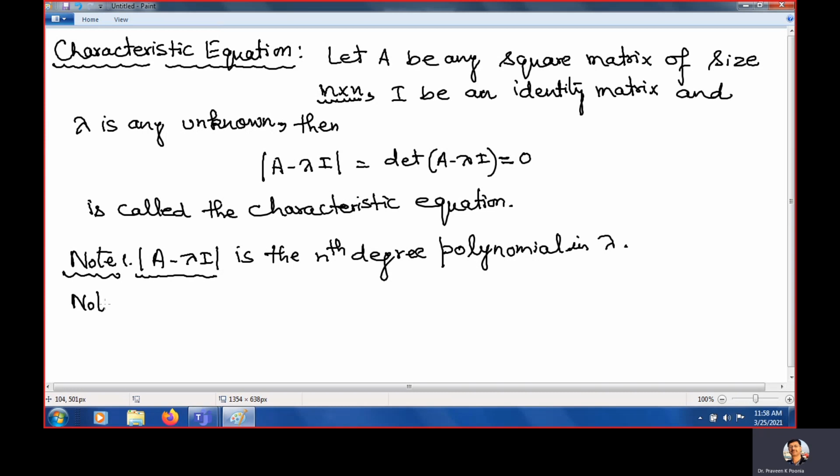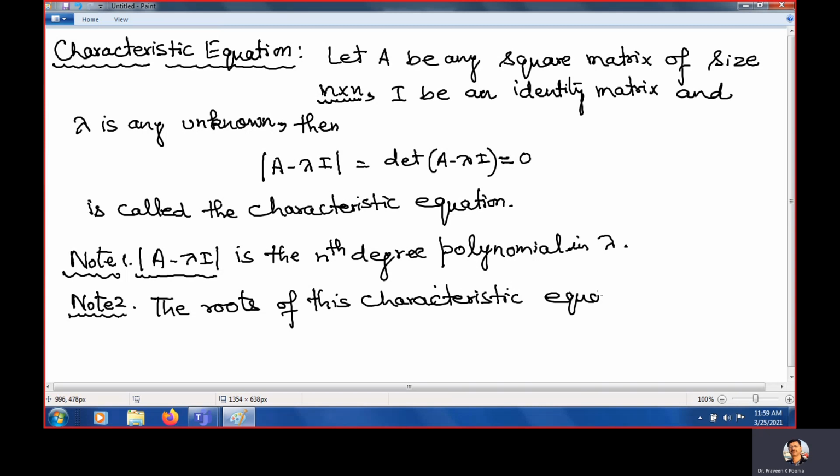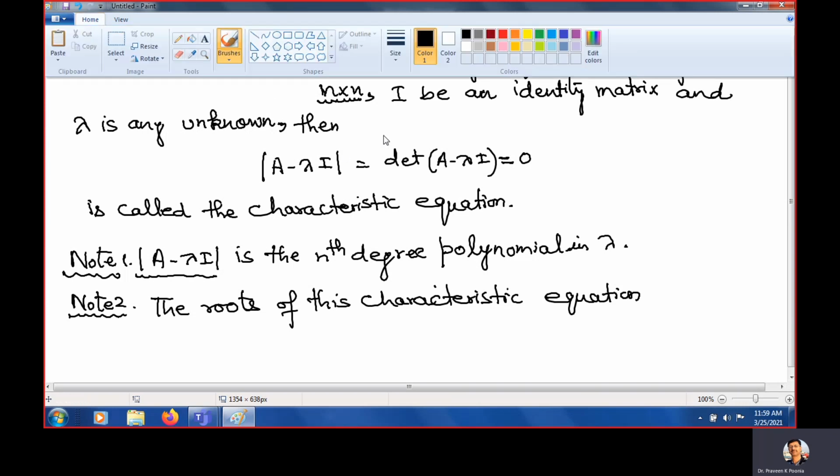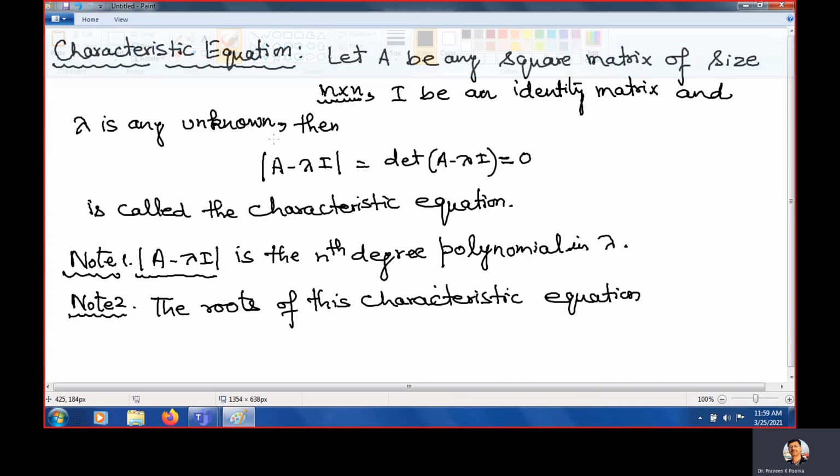And note number 2 is the roots of this characteristic equation. Which characteristic equation? You can see this one, the determinant of A minus lambda I equal to 0.